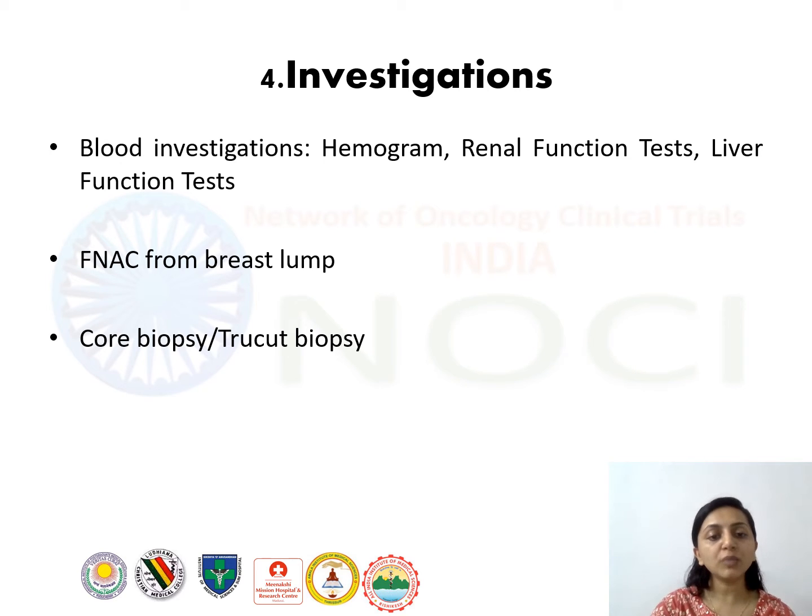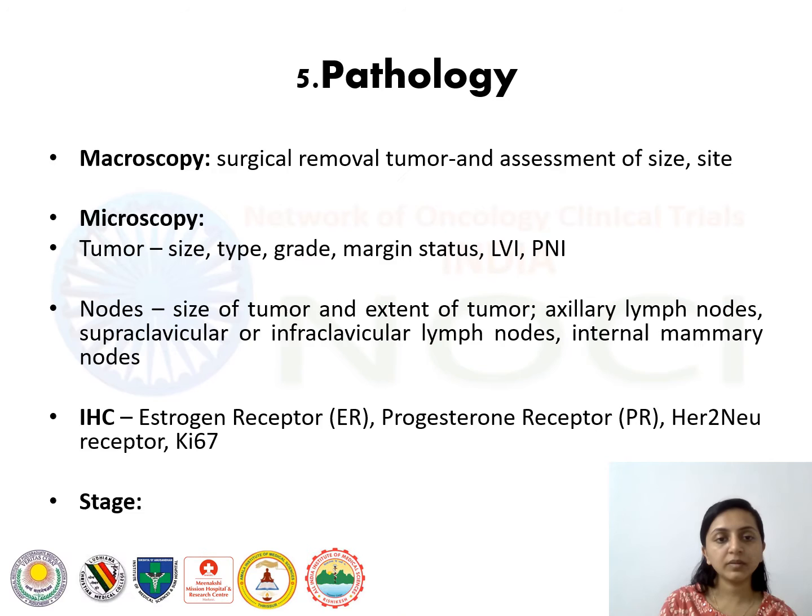Now, core biopsy or true cut biopsy is using a different needle to get more tissue from the breast lump. So, this helps to identify details of the tumor cell, that is the type of the tumor cell, and other factors can also be studied like IHC, which will be discussed later.